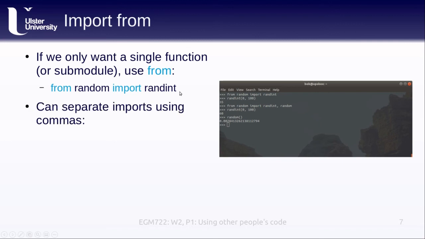We can separate different imports using commas. So this is actually something that is recommended to do rather than having a from random import randint and then from random import random and so on. We can say from random import and then the two functions or two submodules that we want to work with.